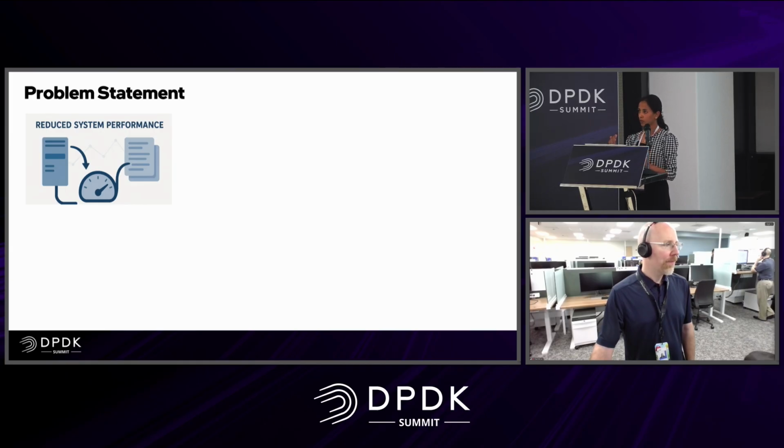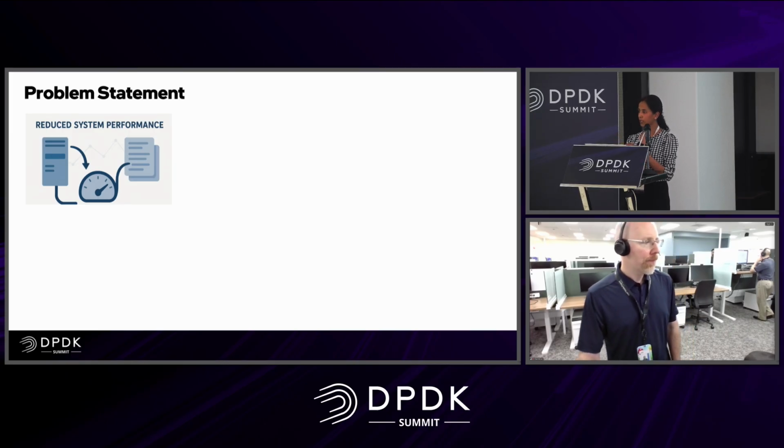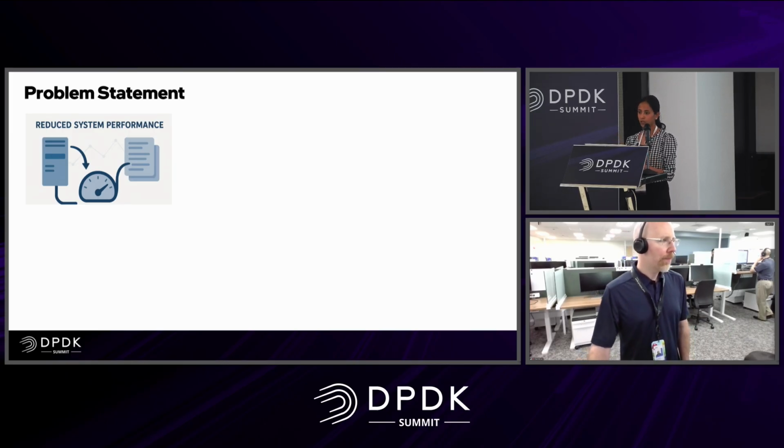Apologies if this is something you are all already familiar with, but I just wanted to bring everyone onto the same page. When we see things from the network adapter perspective, especially flow classification, if there is no proper mechanism in place for flow classification, it affects the overall performance of your system.